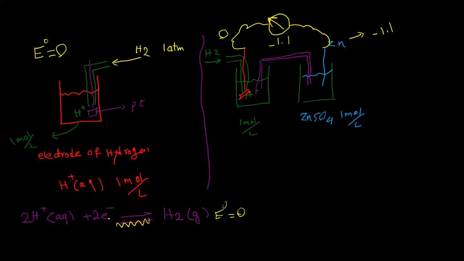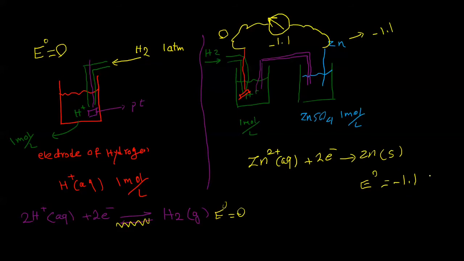Because of that, we say reduction potential, because it's for a reduction reaction. For Zn, I can write the reduction: Zn2+ aqueous plus 2 electrons giving Zn solid, and E naught for that is equal to minus 1.1.